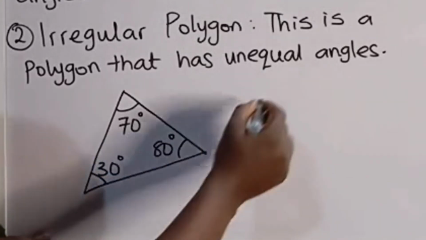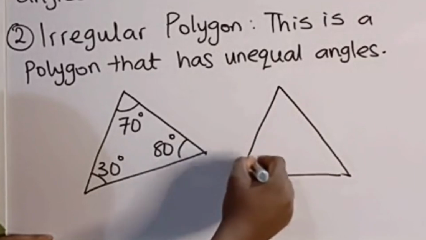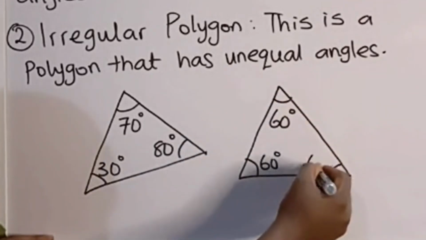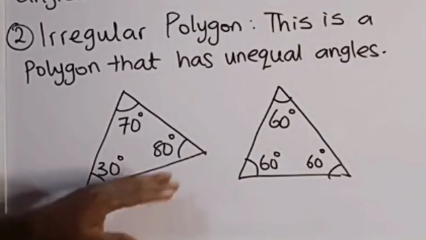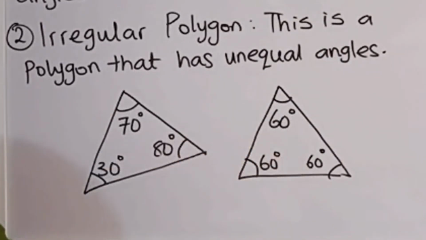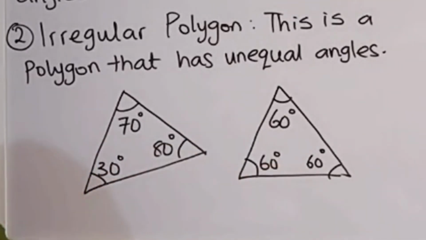If we have another triangle like this, they are both triangles, right? They are both triangles based on the number of sides. This has 3 sides, this has 3 sides. So they are both triangles.